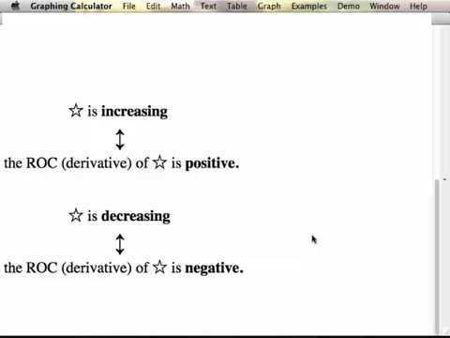I don't see anyone writing this down. If you have a function and it's decreasing, then its rate of change is negative. So this is the bedrock you can hold on to when things start getting confusing, which they always do when you first start practicing this. Okay? So hold on to that.